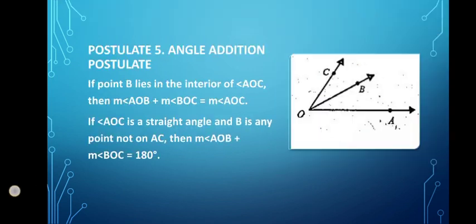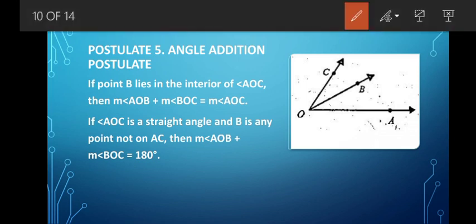So another, angle addition postulate. If the point B lies on the interior of angle AOC, then the measure of angle AOB plus the measure of angle BOC is equal to the measure of angle AOC.